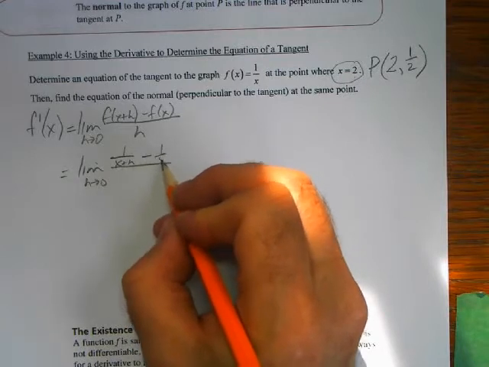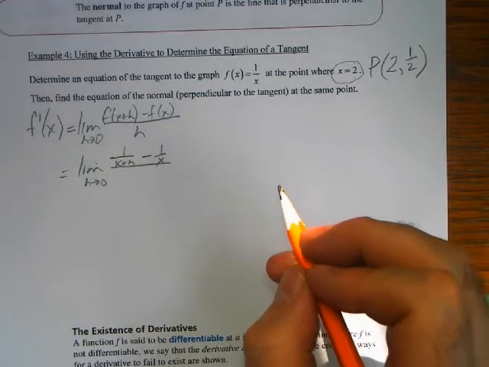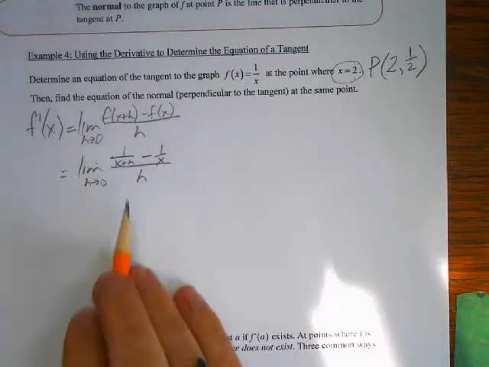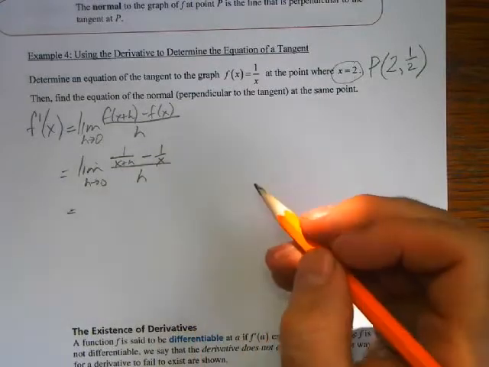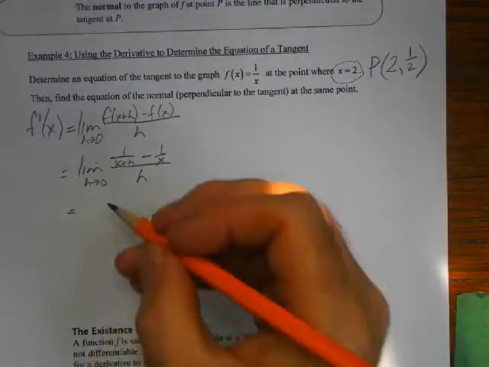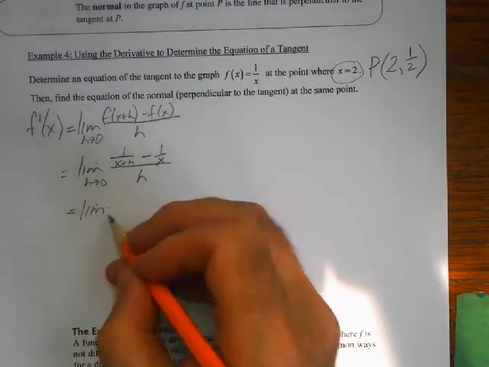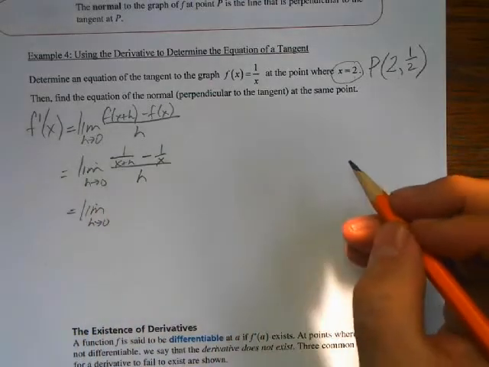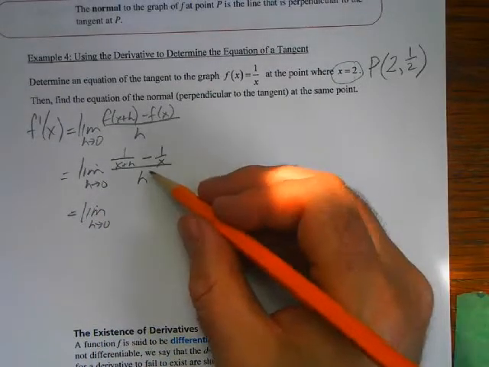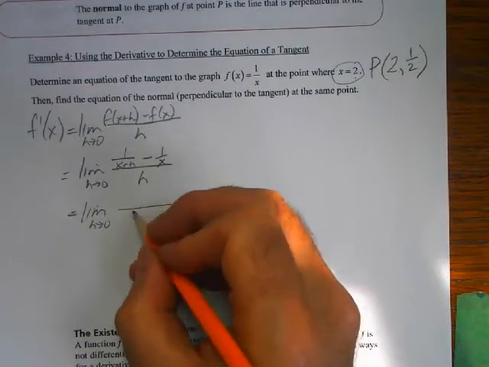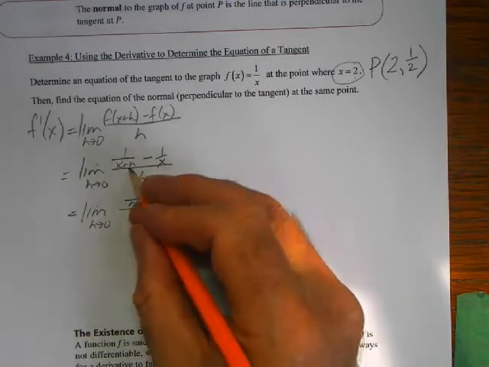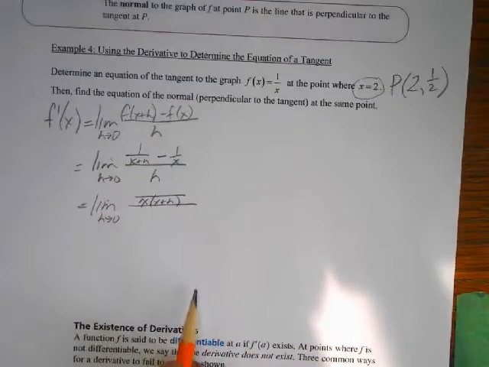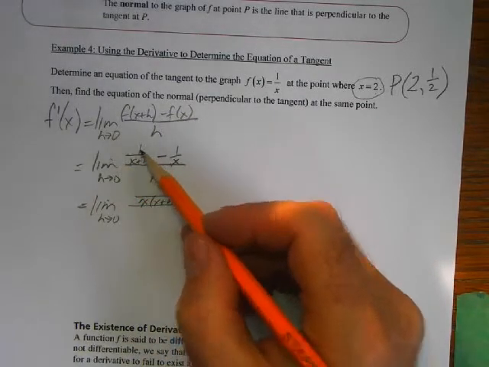all over h. So this is a little tricky on the top here because we want to combine them into one term, but the denominators are quite different. So we're going to come up with a common denominator of x times x plus h, just multiplying the two denominators together. And in order to come up with the new numerators, for example, this term we're multiplying by x over x.